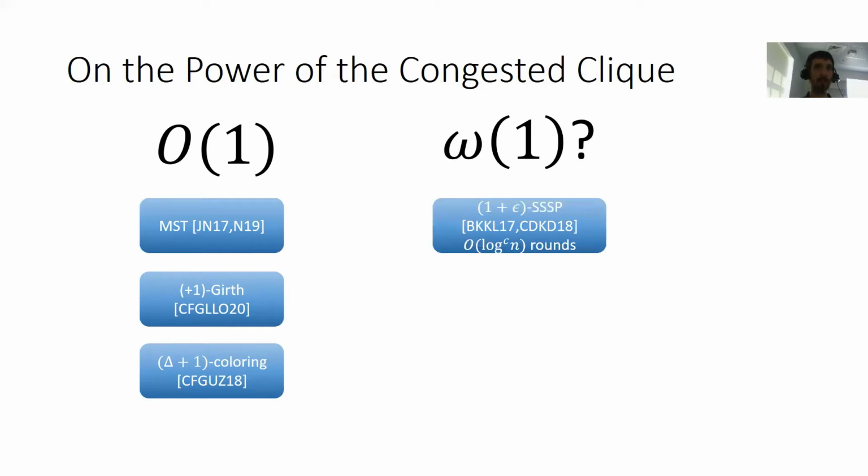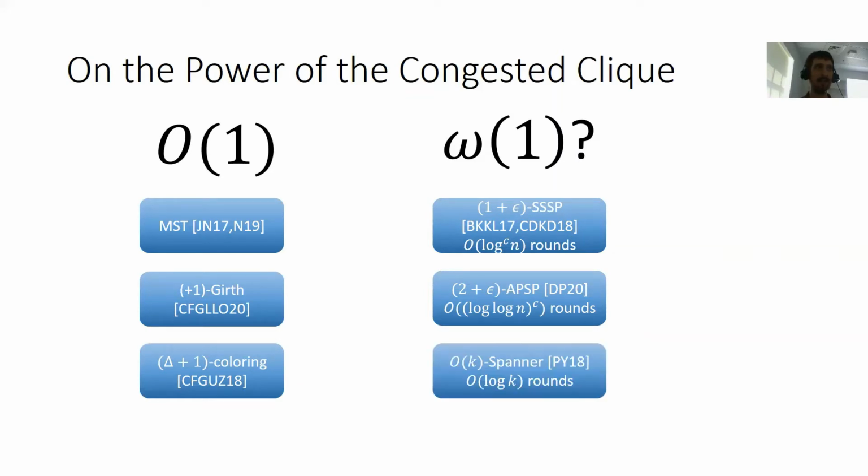You can 1 plus epsilon approximate a single source shortest path in polylog n rounds. You can 2 plus epsilon approximate the all pairs shortest path in polylog n rounds. And you can compute an order of k spanner with a good number of edges in order of log k rounds. So can we achieve for these problems an order of one algorithm as well?